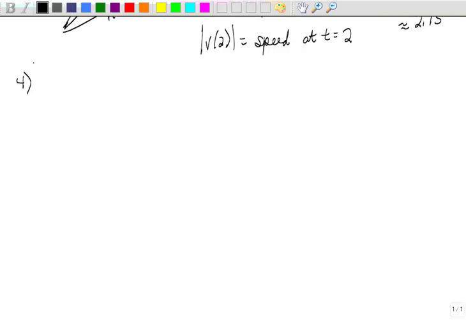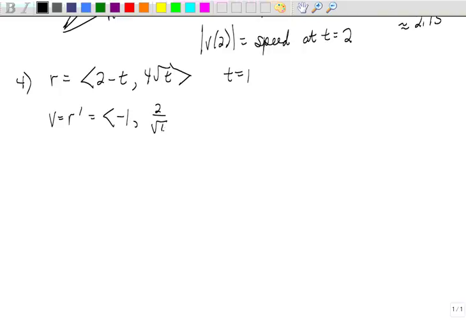Okay, number 4, velocity, acceleration, and speed, and we want to sketch it. So r is 2 minus t, 4 square root of t, at t equals 1. The velocity is r prime. That's minus 1, 2 over the square root of t. I just take the derivative. V of 1 then is negative 1, 2.